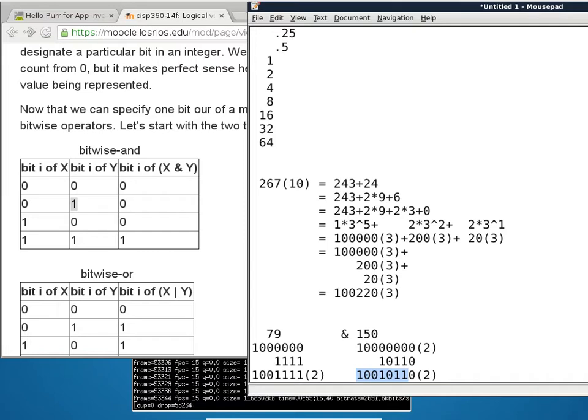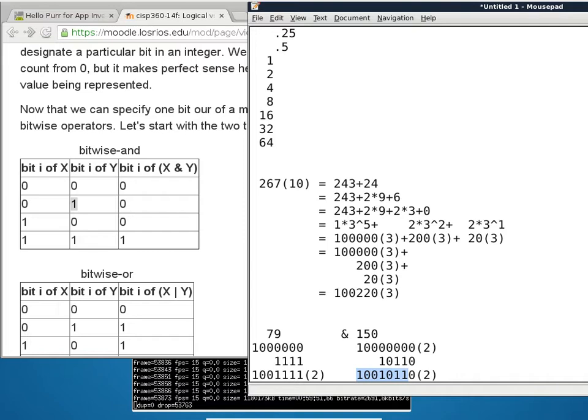We have 64, this is 8. 64 plus 8 is 72. 72 plus 2 is 74. 74 plus 1 is 75. So the highlighted portion is in fact 75. And then the 0 to its right-hand side is just saying multiply that by the base. Which base are we using here? Base 2, so it's times 2, and that way we get 150 back. So the sanity check works out.